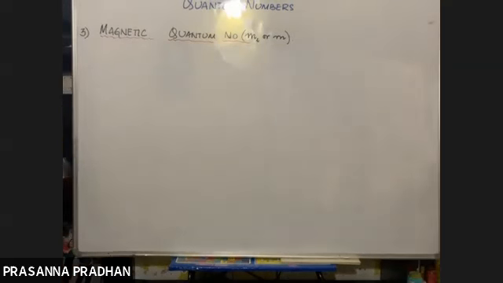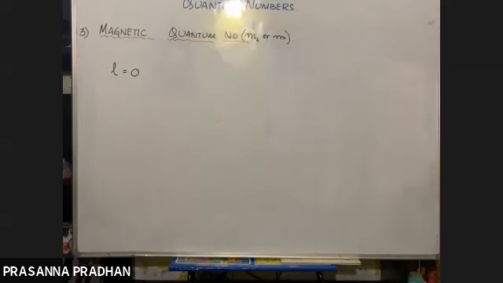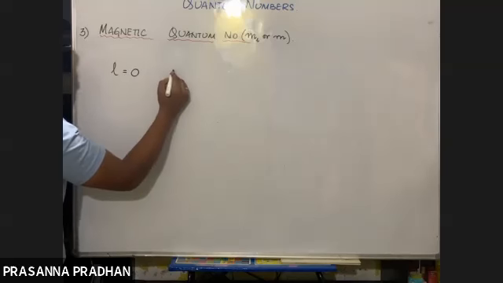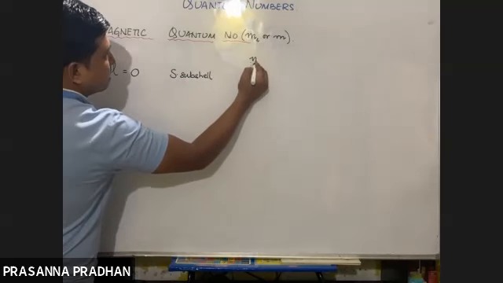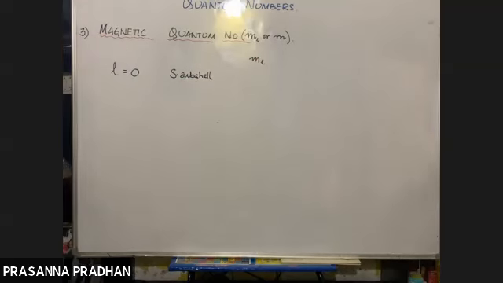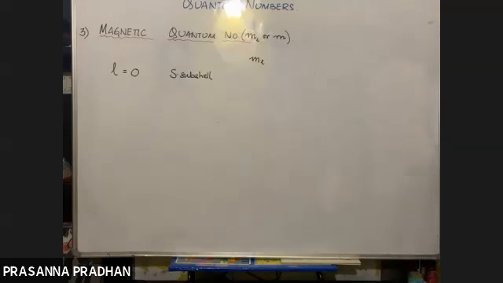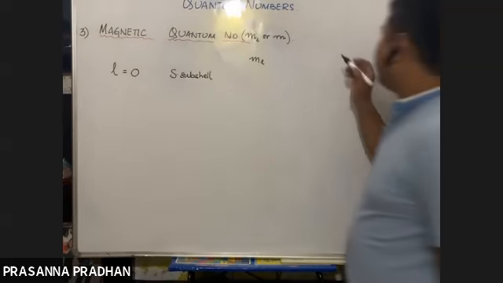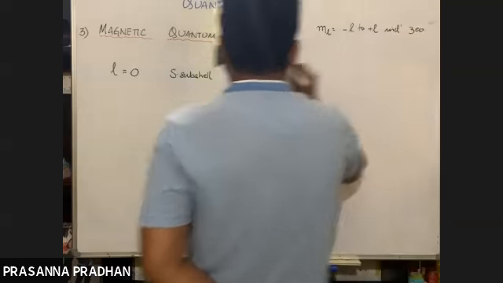Now L equals 0. Which subshell are we talking about? The S subshell. What are the values of ml? The value of ml ranges from minus L to plus L including 0. So the value of ml here is 0.